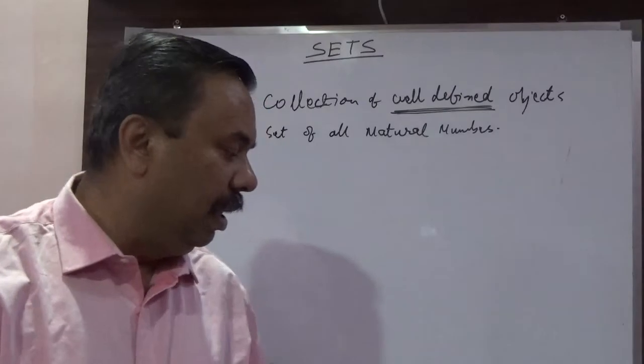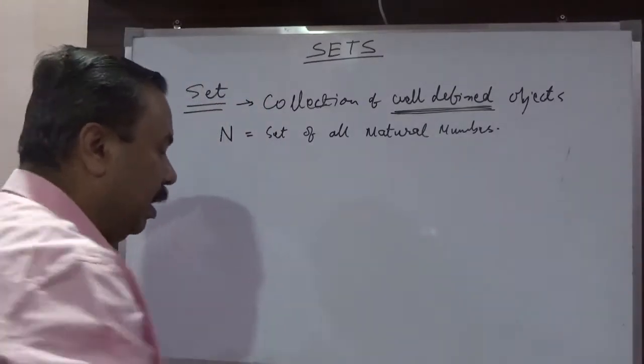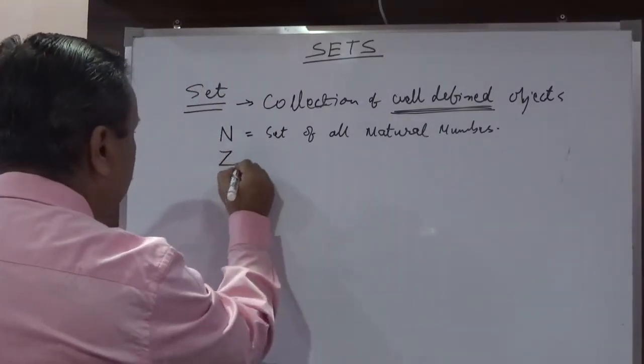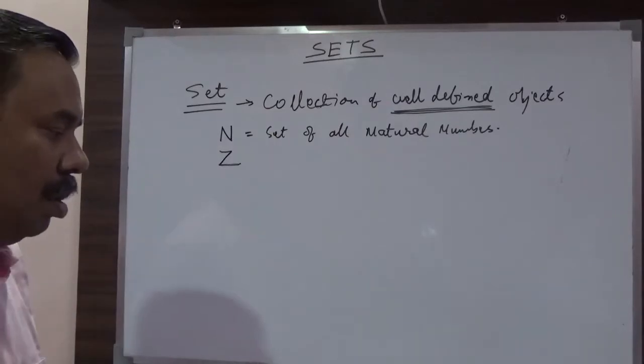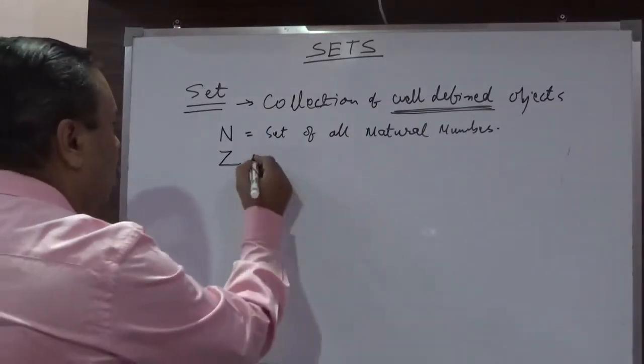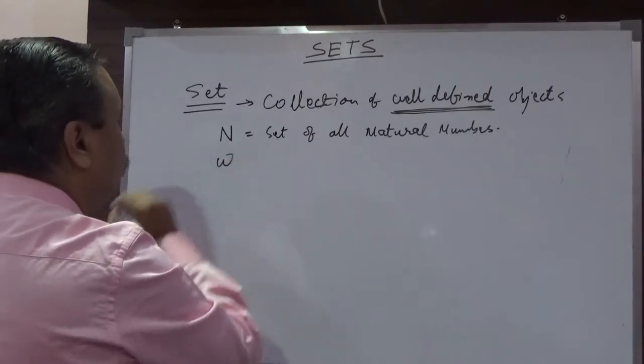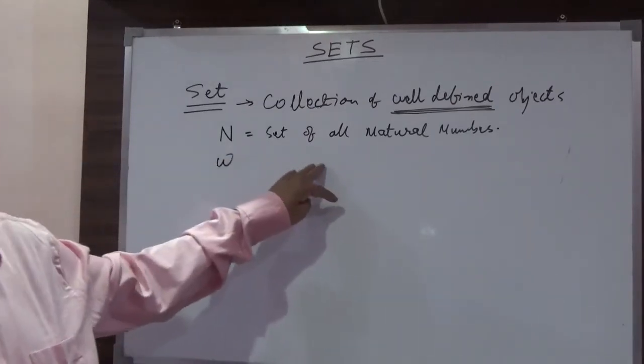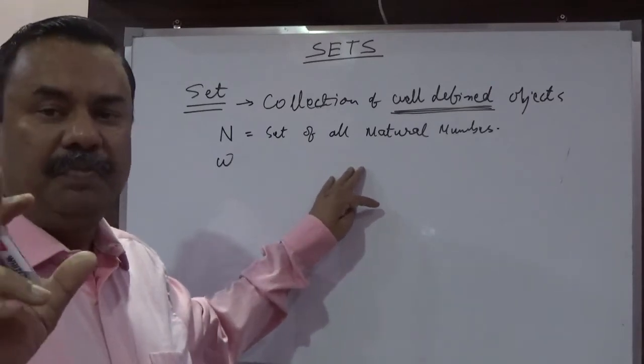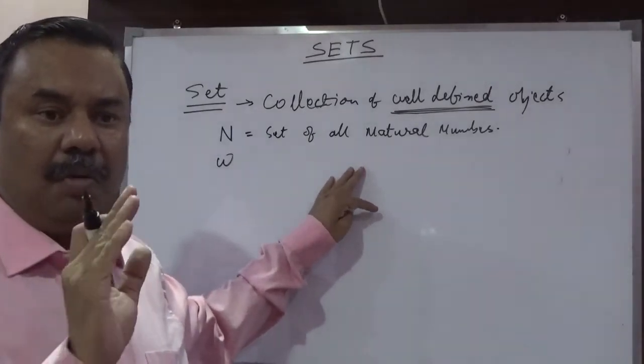Similarly, when I say W, you know what natural numbers are? The counting numbers which start from 1.